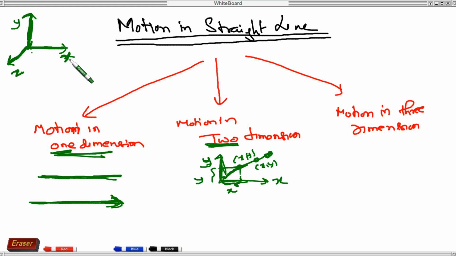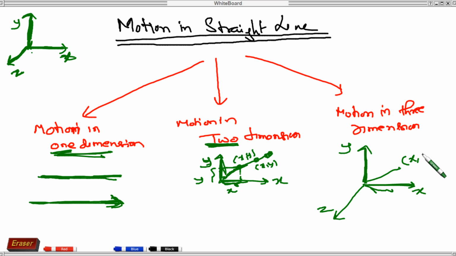And if the motion is such that, with the x-axis, y-axis, and z-axis, suppose it is moving somewhat like this, and the coordinates of this point are x, y, and z, it clearly shows that it moved some distance in the x-axis, some distance in the y-axis, and some distance in the z-axis.